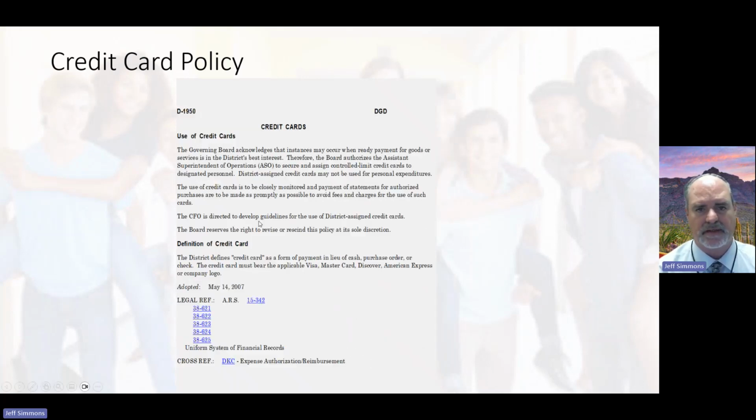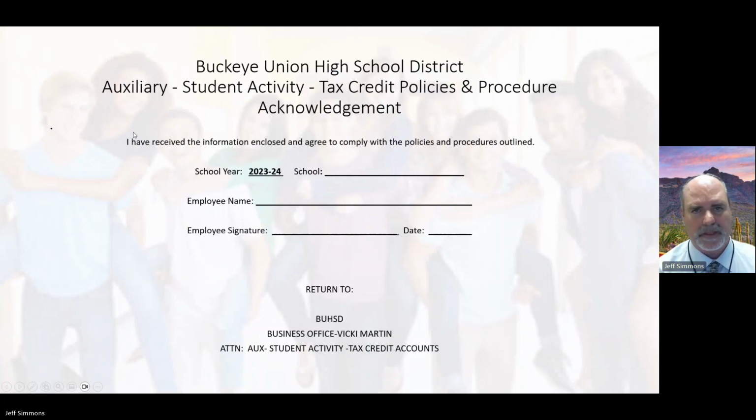There's also the use of credit cards policy that's in the governing board policy manual. And then lastly, acknowledging that you're going to comply with these policies and procedures as outlined. We'll post the packet for you to have a copy of or access, and you'll sign off on this and it'll get sent into the district office for when we are monitored or audited.